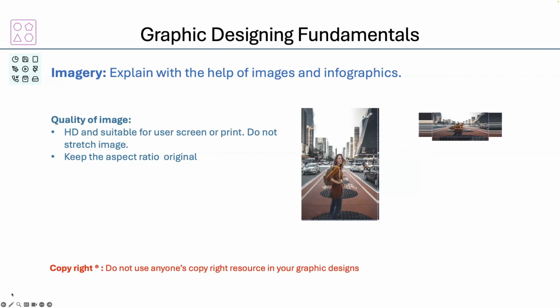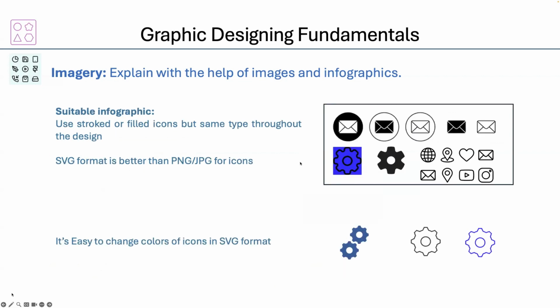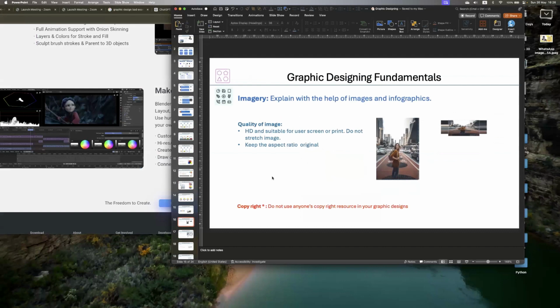What I have done is I have just reduced the size of the image like this, if you can see. This is not good, to stretch the image on one side.